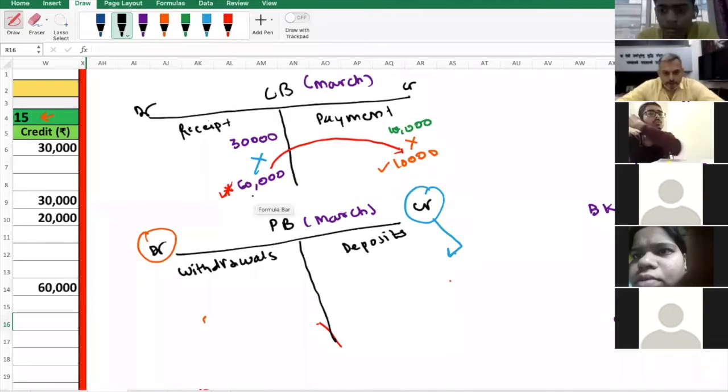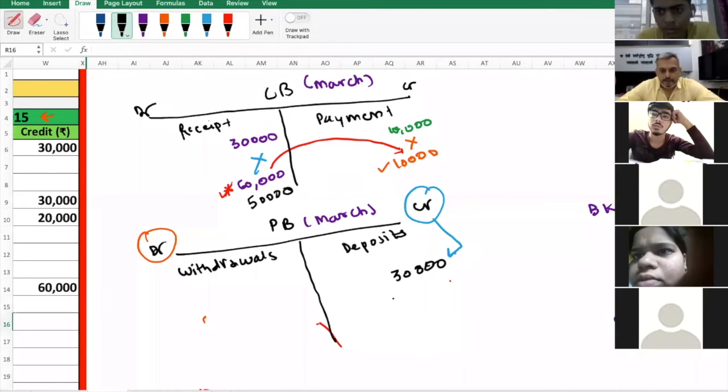You deposited a check of 50,000, so you recorded it on the receipt side, but only 30,000 were credited. So how much is not yet credited? 20,000 is not yet credited. So record 20,000 on the credit side.